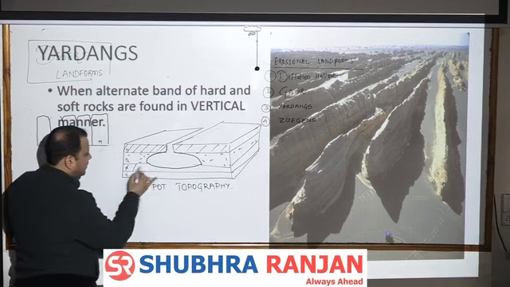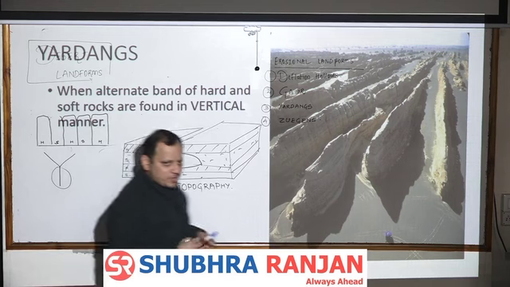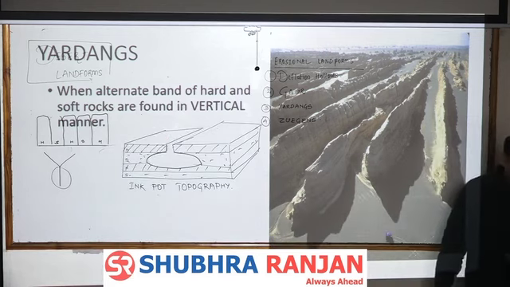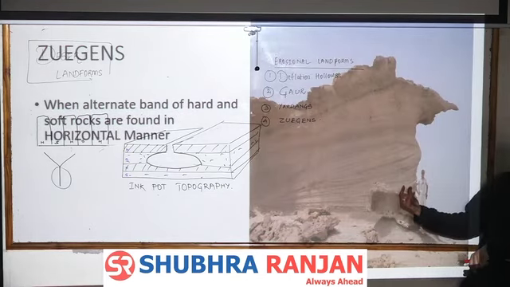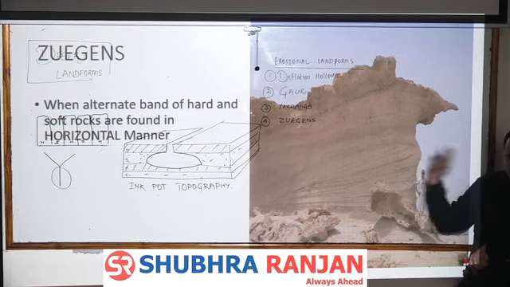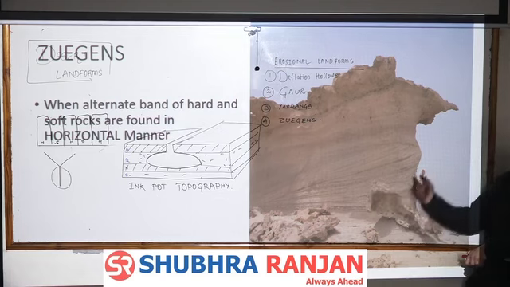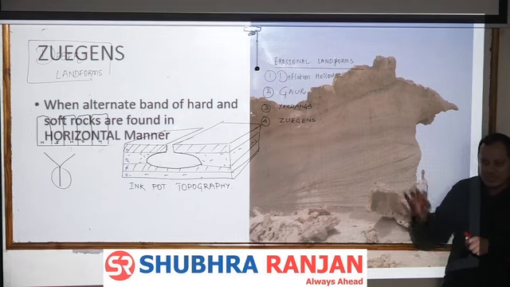More eroded or easily eroded, resulting into, you can see in the diagram here, hard rock कम erode हुआ, soft rock ज़्यादा erode हुआ, and you see wind का direction कैसे scratches है, हाँ? So these are what are known as Zeugens. The only difference between Yardang and Zeugen is vertical or horizontal. Fine.